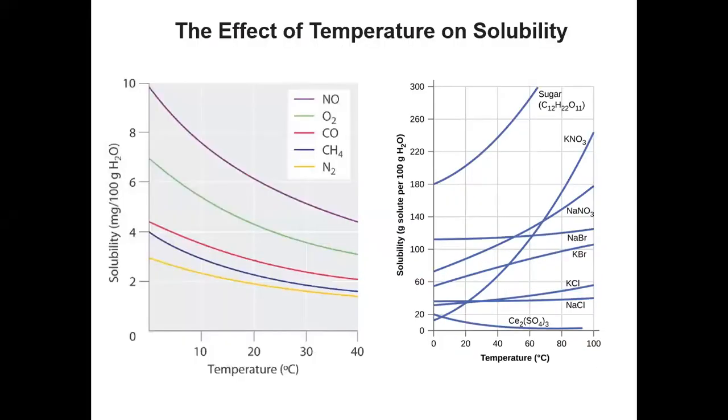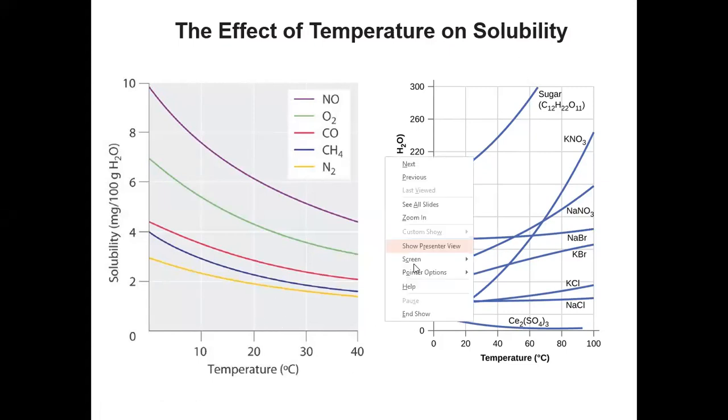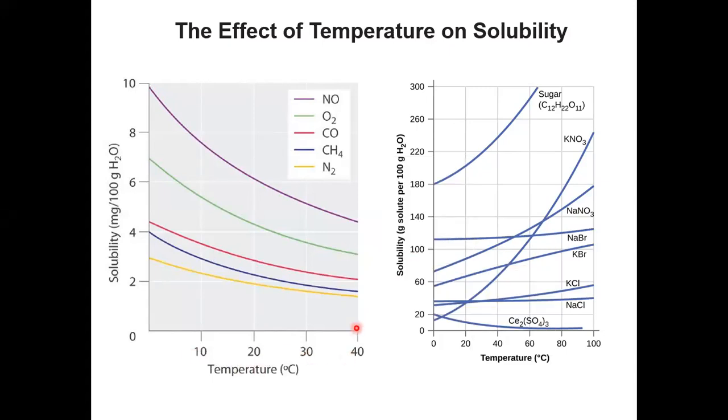Just to remind you, it was about solubility of gases and salts, for example. And we have a completely different situation. If we have gases at high temperature, the solubility drops. So this is solubility over here, and this is temperature.